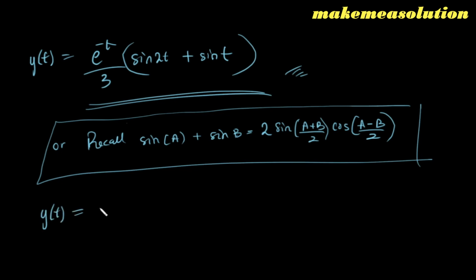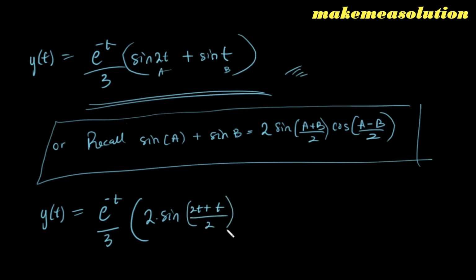So my y of t is exponential minus t over 3, and into, I have 2 sine, where here is A and here is B. So A plus B all over 2, that's 2t plus t all over 2, then you now have cos of 2t minus t all over 2.